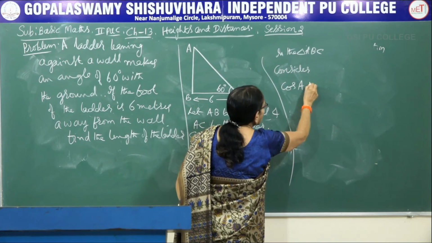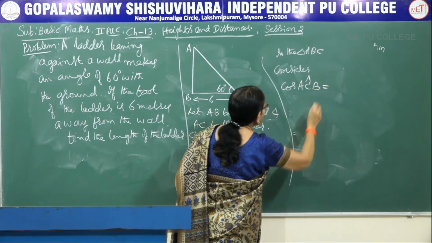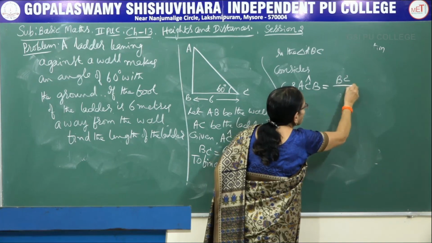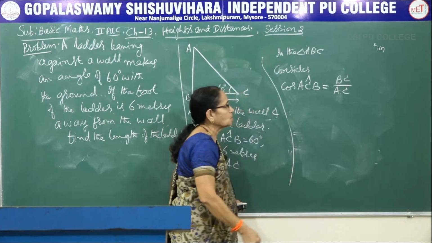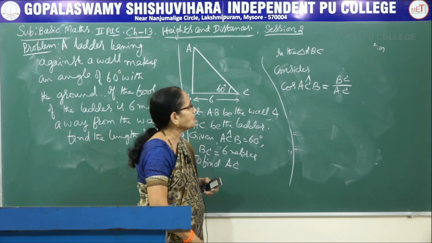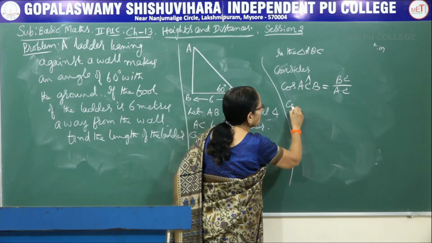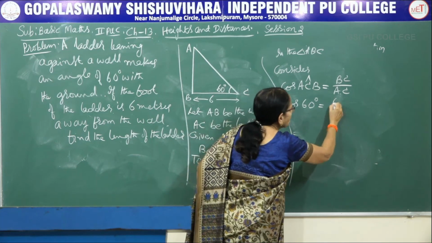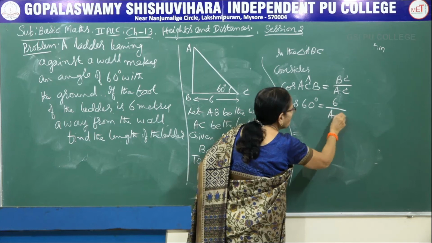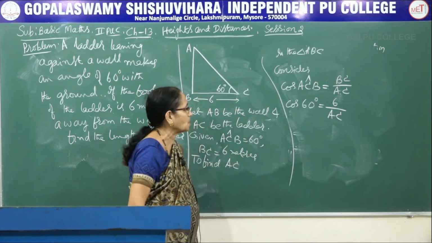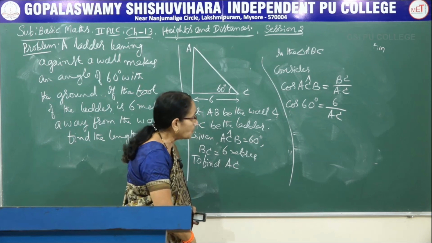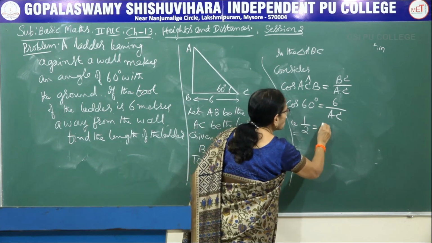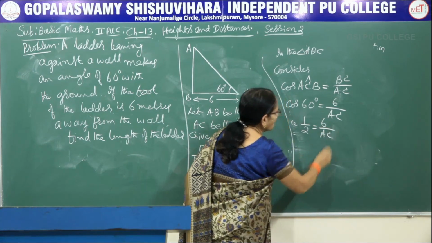Cos of ACB, according to the definition, is the adjacent side divided by the hypotenuse, so BC divided by AC. Now let me write the actual value: cos of 60 degrees equals BC, given as 6, divided by AC. The standard value of cos 60 is 1 by 2, so 1 by 2 equals 6 divided by AC.